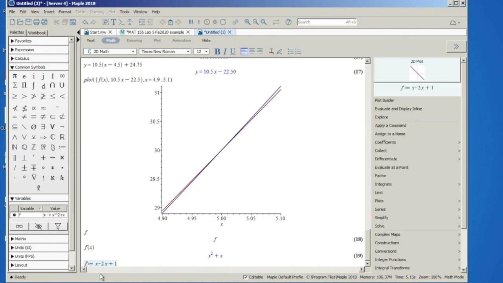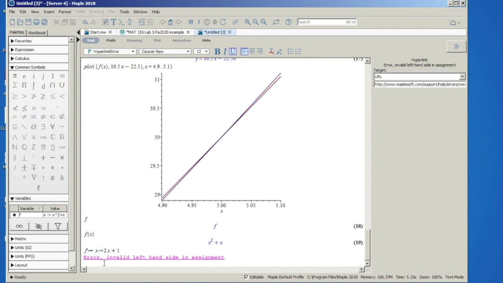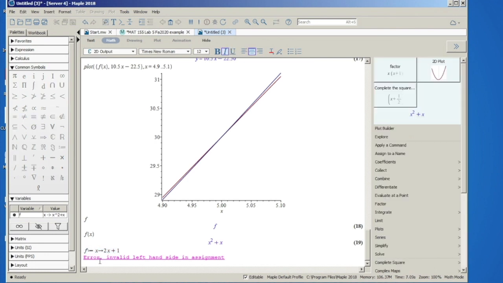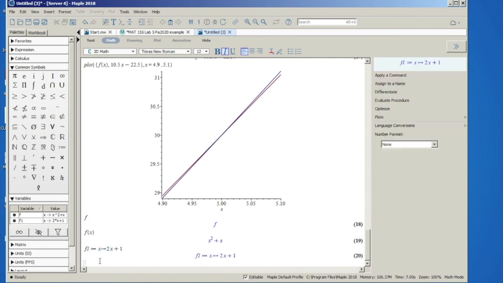I'm going to define it as a new function. Cannot have prime on the argument on the left side. That's okay. So let's call this f1 instead of f prime. All right, so f1 is the derivative of f. It's the first derivative.